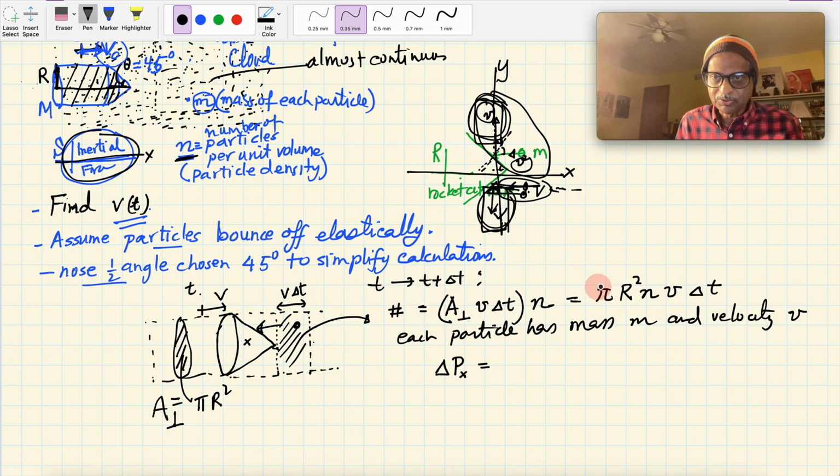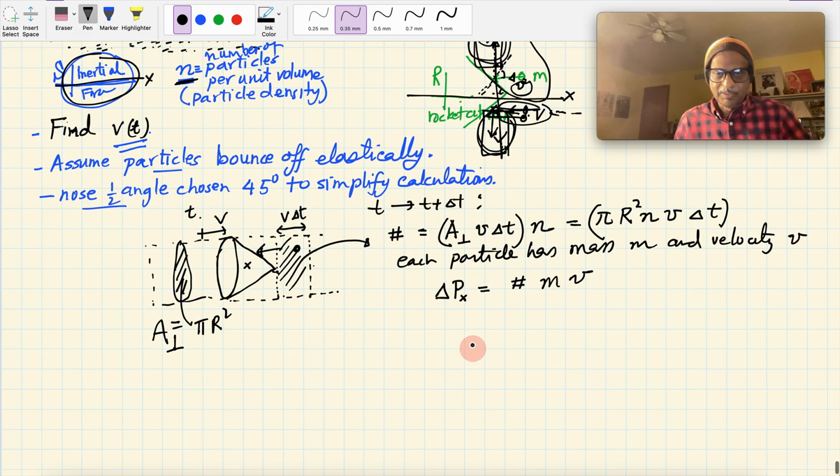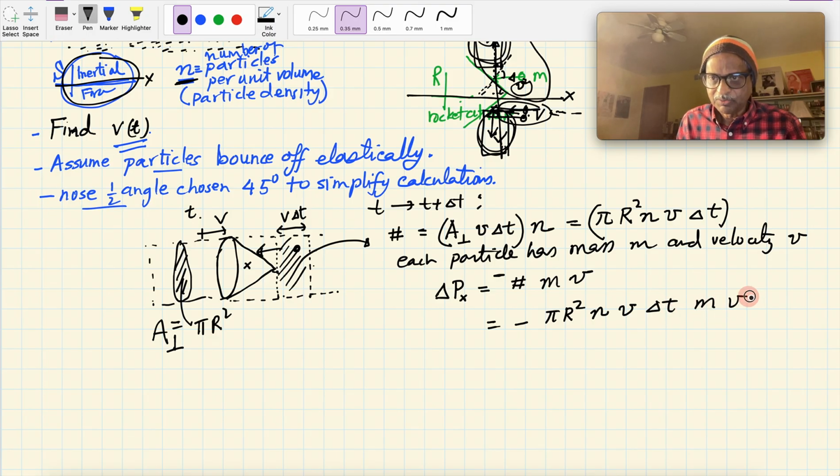Right now we're just going to write down what we expect. We want the number of particles and we want the mass times v. This should be a negative number, and it's going to be minus pi r squared n v delta t times m times v.